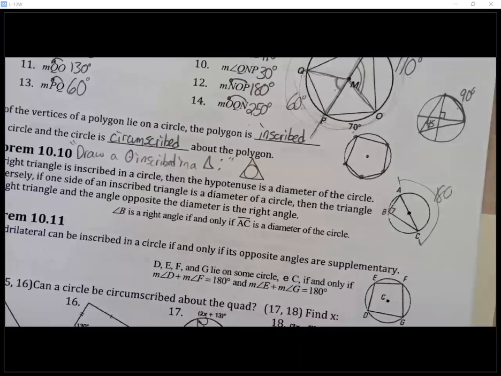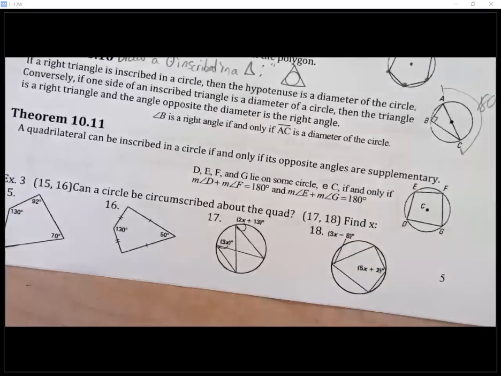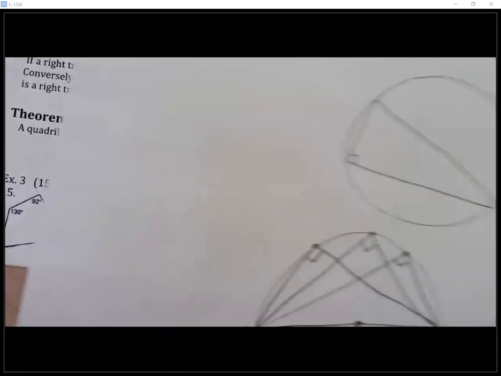All right, let's look at the next one. It says, a quadrilateral can be inscribed in a circle if and only if its opposite angles are supplementary. Okay, if you take any old quadrilateral, you may not be able to inscribe it in a circle. Take a rhombus, for example.